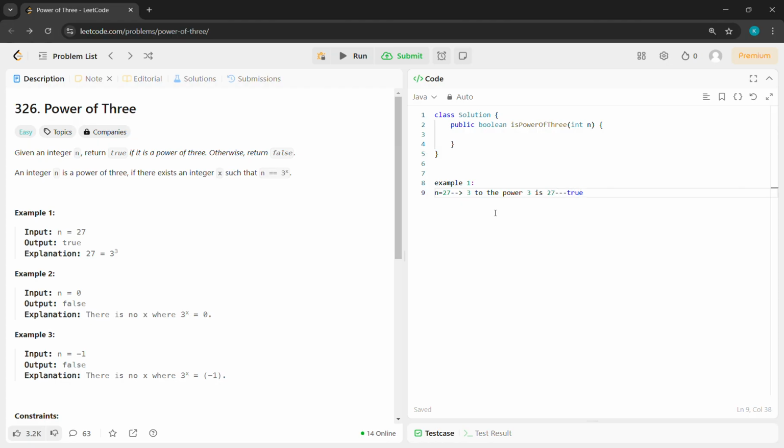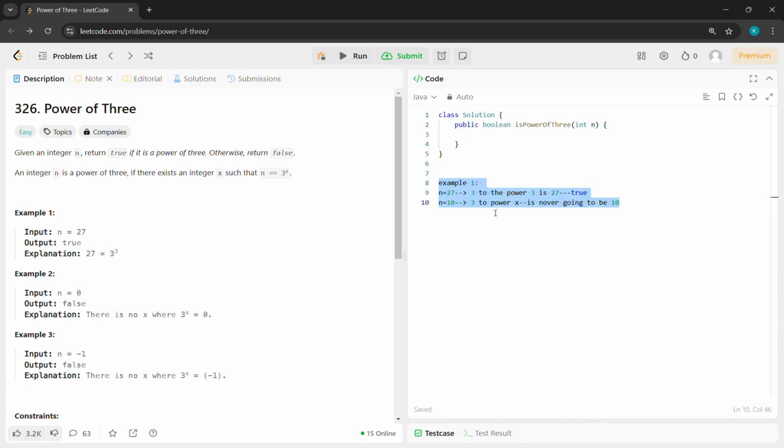But if we were given, let's say, n equals 10, then 3 to the power x is never going to be 10. For any power, we are not going to get the value 10, at least in integer form. That is what we are supposed to check.